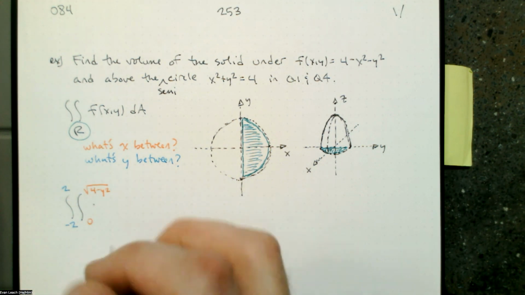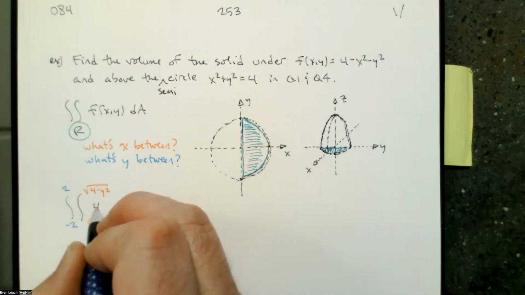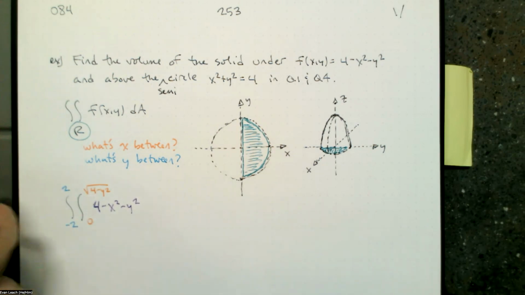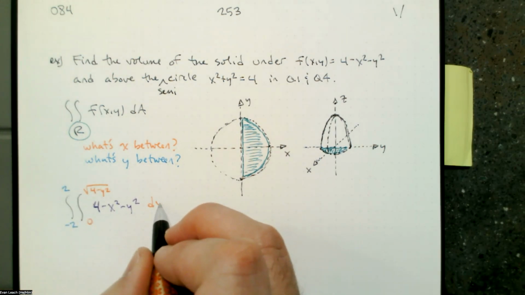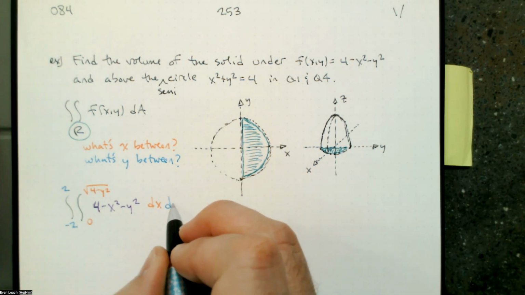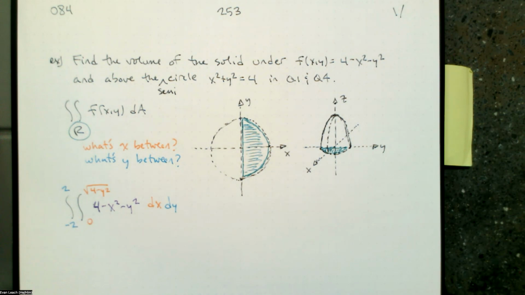So what we have encoded in this integral is: take this height and multiply by this area for all these x values, and then for all these y values.